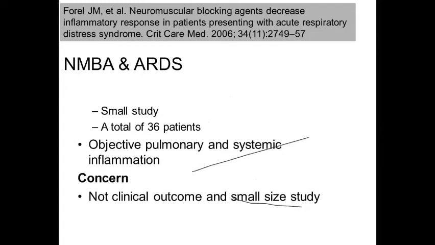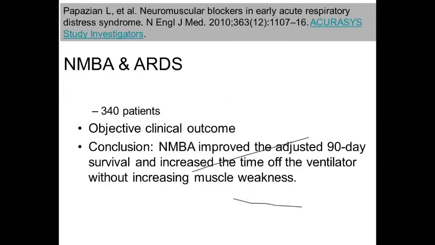So here are the trials. This is a small study, negative. This is a small study, this big one, and it's positive, but it's not a blinded study, and it's only one study and has issues as well. And I just mentioned earlier, the ACURASYS study had the same author as the other 5 studies as well in the same center.